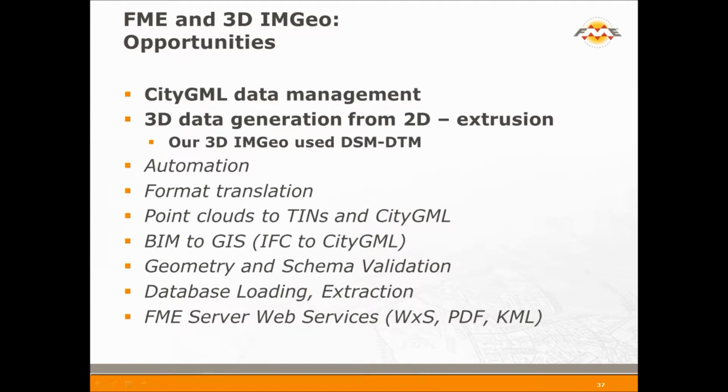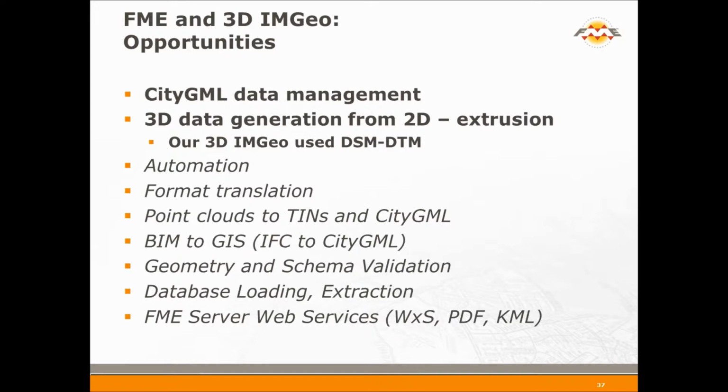So we've already talked about some of the highlights about how FME supports 3D and IMGeo. So as a quick review, today was mostly about CityGML data management and a little bit about building 3D from 2D just in the data we inspected. But I'd also like to stress that one of the real benefits of FME is not just the ability to edit one or two features, but to apply a data transformation to an entire range of features, or even a number of data sets at the same time.